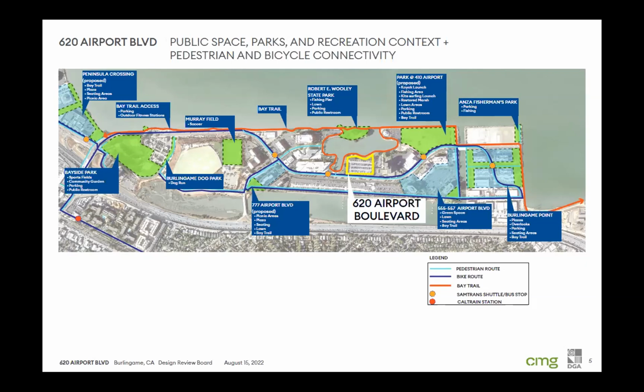Where are you pointing to? The orange dots. These are shuttle stops. So there are 3 stops that I can see that you've mapped, right? Well, 4: there's one in the middle, one over here, 2, 3, 4. Okay.